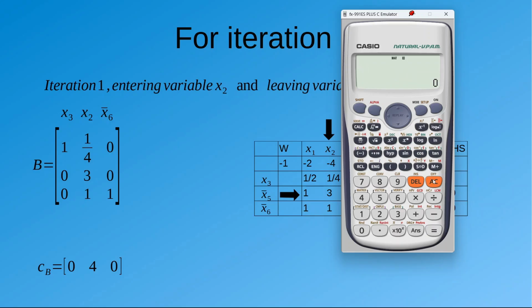We are done. Now the updated coefficient of row 0 for this calculation, that is the first iteration, is going to be 0, 4, 0, because x5 bar now is replaced with x2.